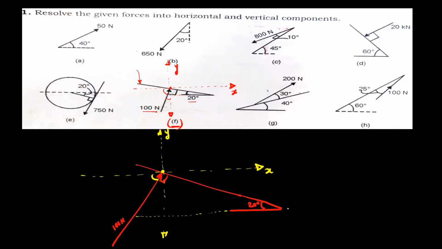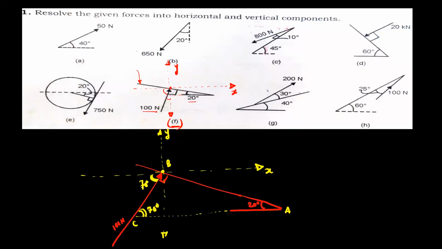Consider this point as A, this is B, and this point is C. In the triangle ABC, one angle is 90 degrees, which is angle B. This is 20 degrees, so this angle is 90 minus 20, so it is 70 degrees. Now here this x-axis is parallel to this line, so this angle will be 70 degrees.